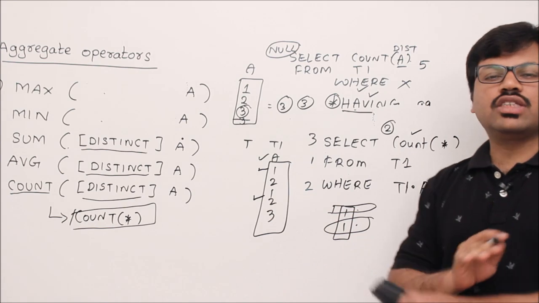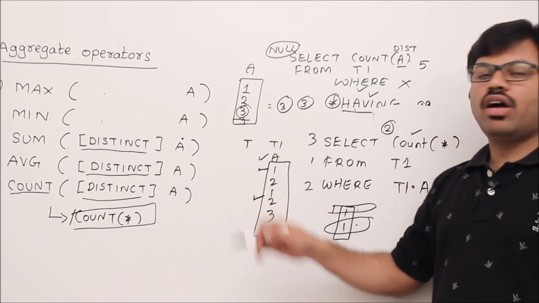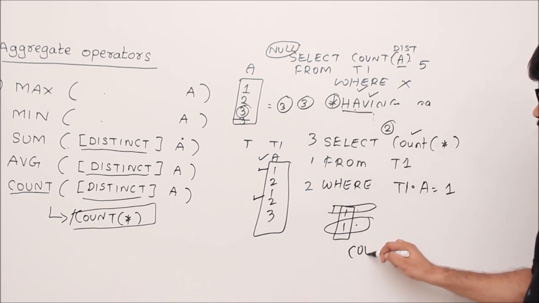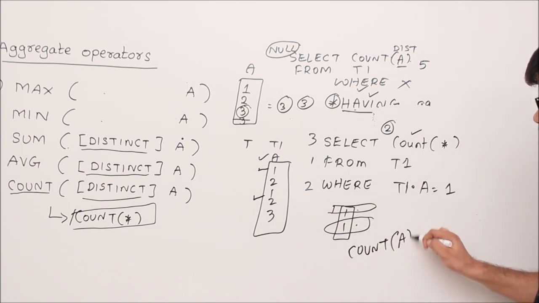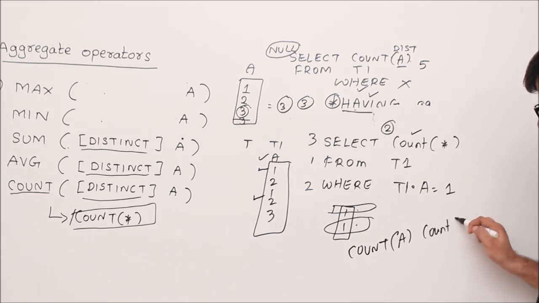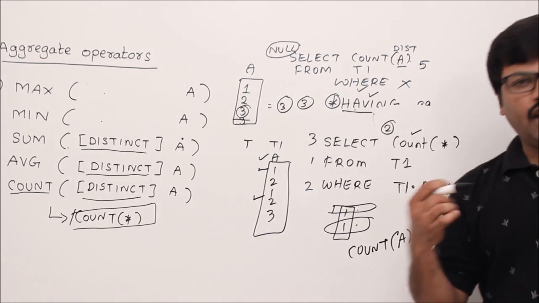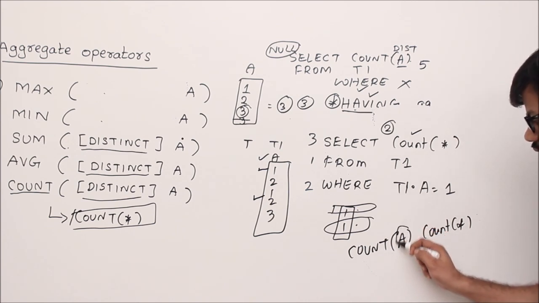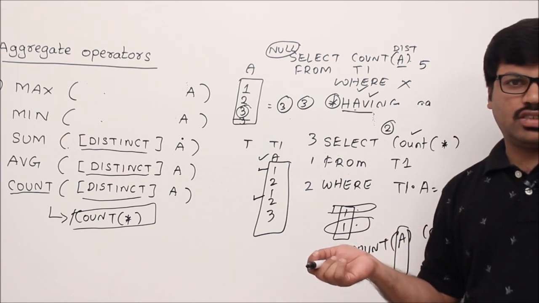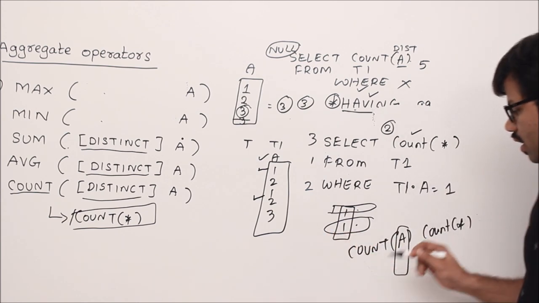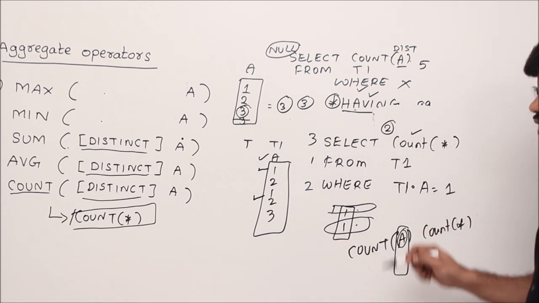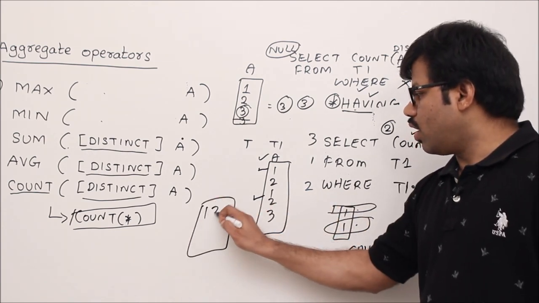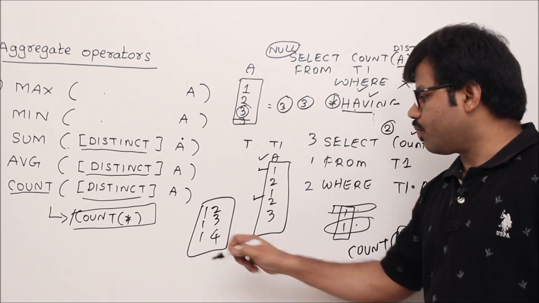At this moment, if there is no null value, then count on a column and count star both give the same answer. What is count star? Count every tuple. Count on A is nothing but count tuples on column A. So there is no difference. If there are 5 tuples, then the tuples on column A will also be the same. Correct or not? Example, let's say you have a table like this, 1, 2, 1, 3, 1, 4.